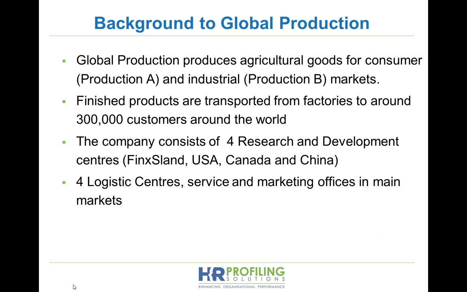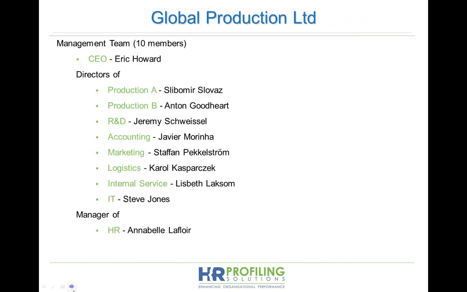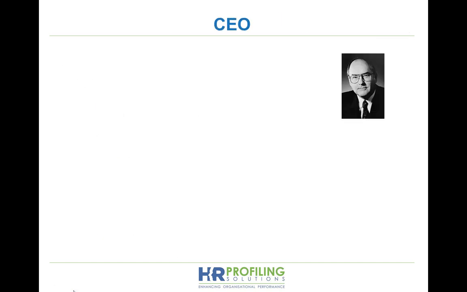The product is transported to over 300,000 customers all around the world, and it consists of 4 research and development centres and 4 logistics centres. We have 10 top managers as introduced up here. And the CEO is Eric Howard.